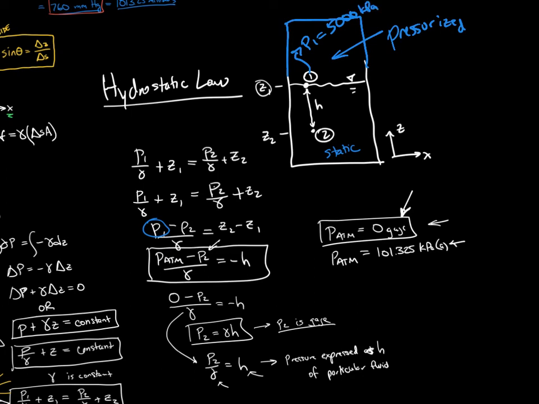So the nice thing about this is the relation we had over here, when we solved this earlier, is I was able to say P2 equals, this is going to be gauge, P2 equals gamma times H. But now what I've done is I said P1 equals all this stuff, the pressure at 1.